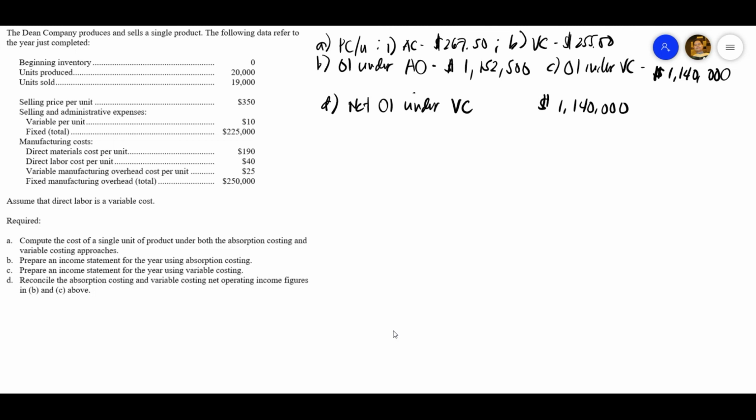In this case, the fixed manufacturing overhead cost that is expensed outright in variable costing should be what?